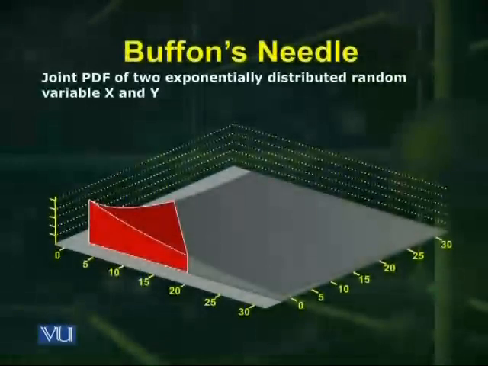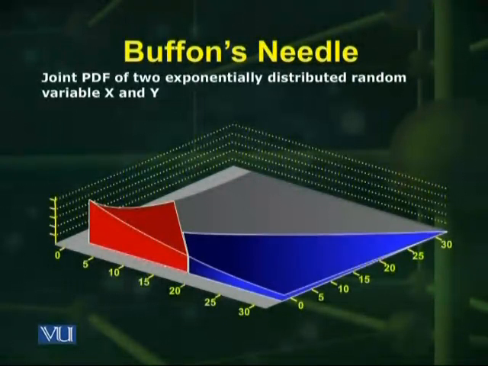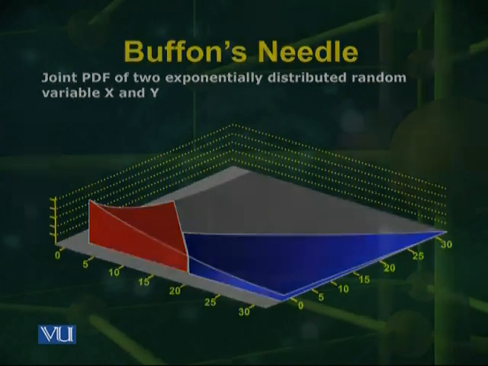Another interesting event marked on this joint PDF shown in blue colors is that suppose your televisions give you a combined total service time of more than 20 months, what is the probability that X will fail later than Y? So they are going to fail in such a way that total service time is more than 20 months.